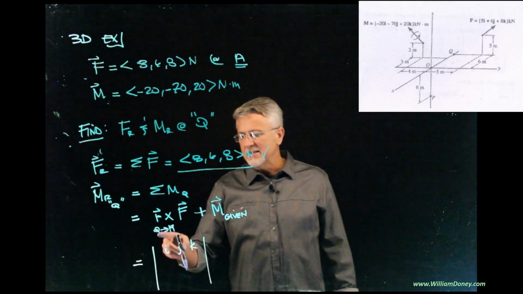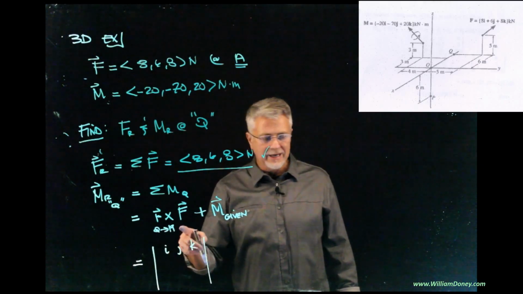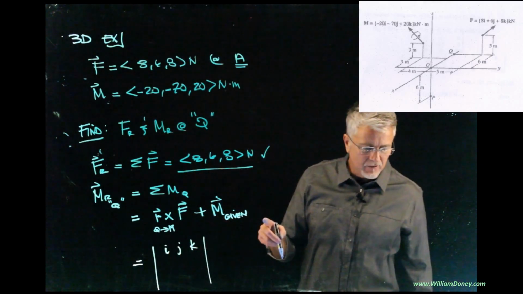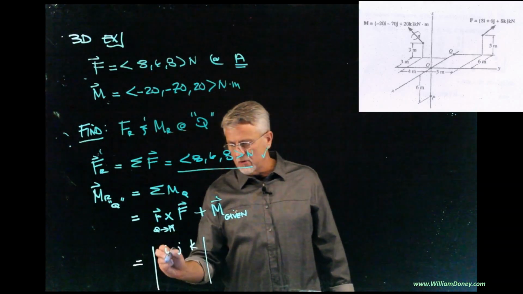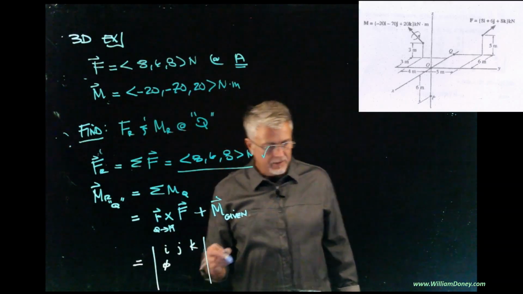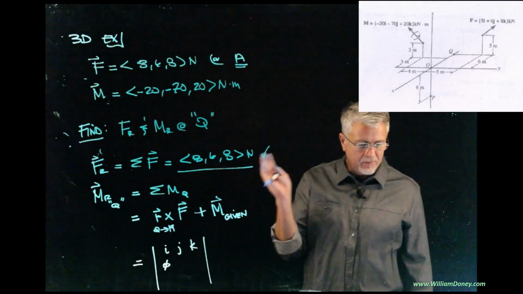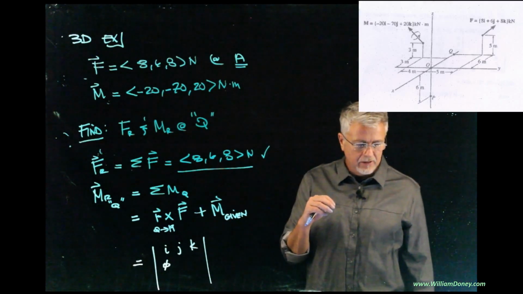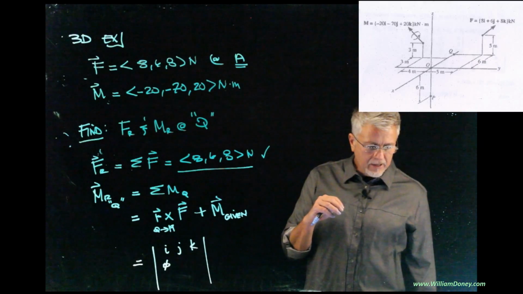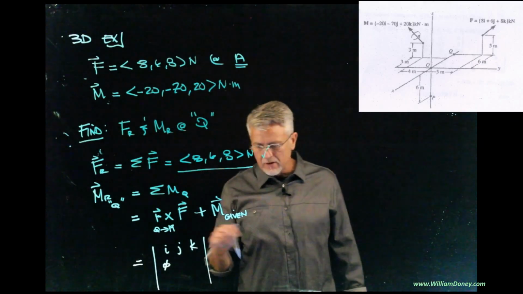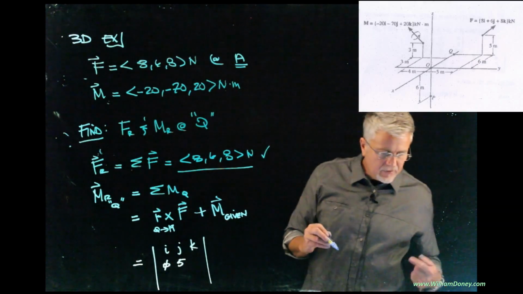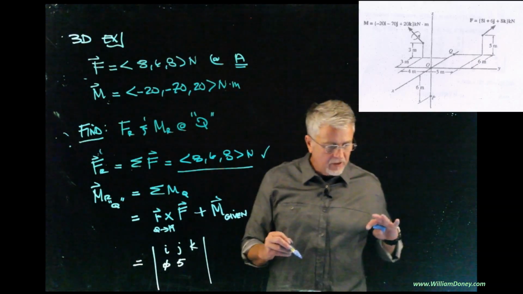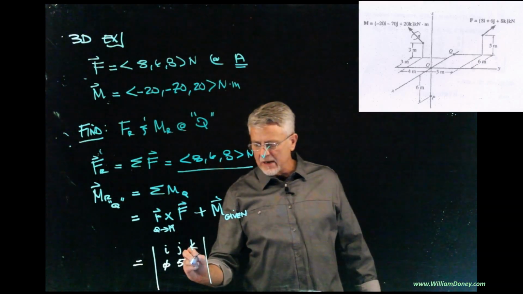Position vector has to take us from Q to point A. Point A is the application of the force. So in the X direction, I have to go 0, right? Because Q is lined up at the same distance behind the origin. In the Y direction, it looks like I have to go over 5. And the K direction, I have to go up from the Q level to the A level, which is another 5.